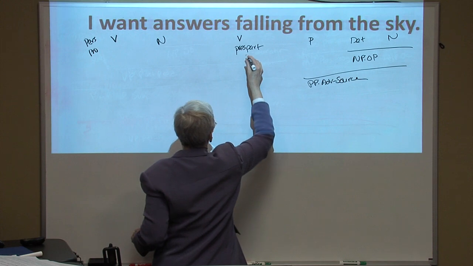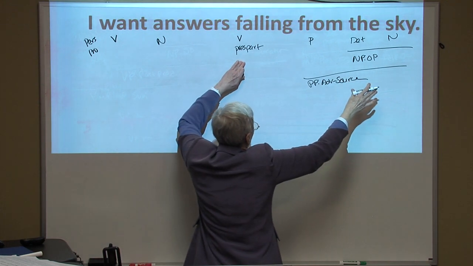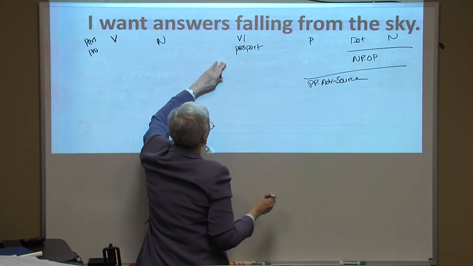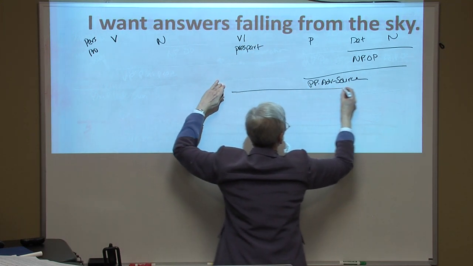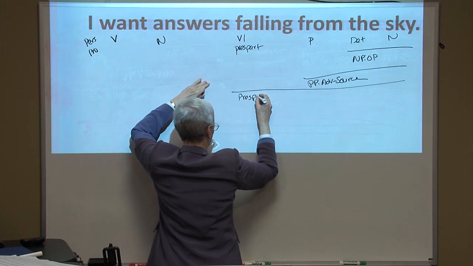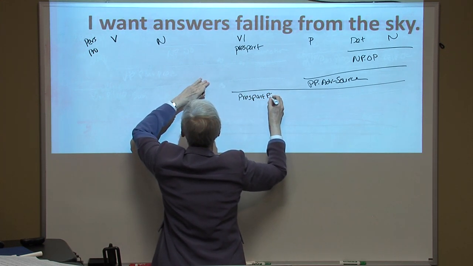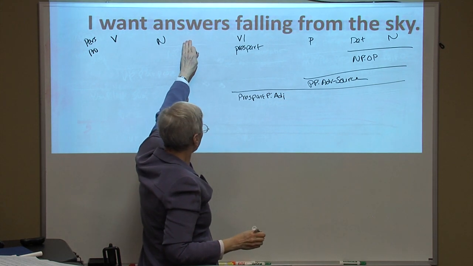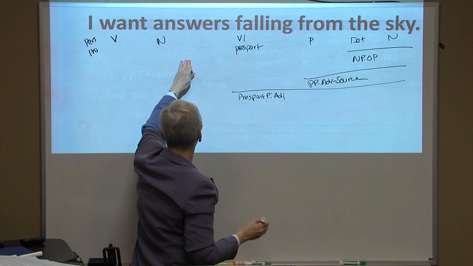And falling, all that follows it is an adverb, so it's an intransitive verb, and it introduces the present participle phrase that functions as an adjective. Now this patterns with the noun answers.